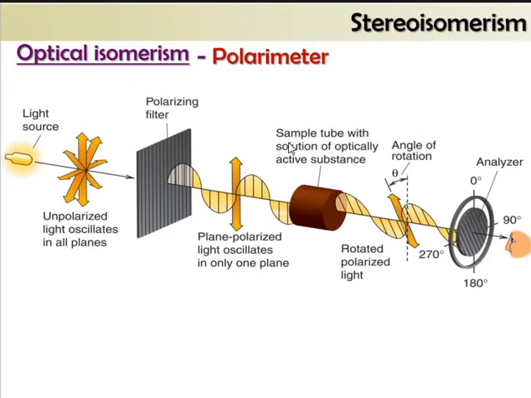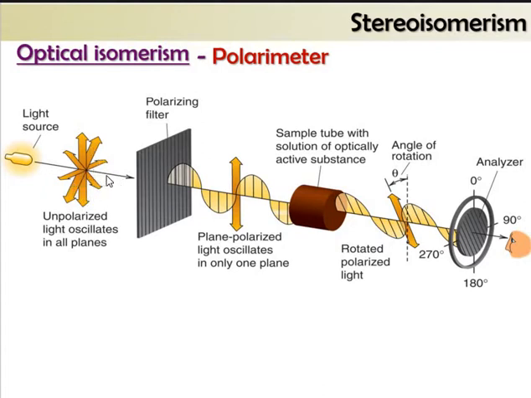So this is a polarimeter. We start from the light source here. The light from the source is unpolarized light in all planes. Cahaya dia berlainan arah, dia banyak arah.